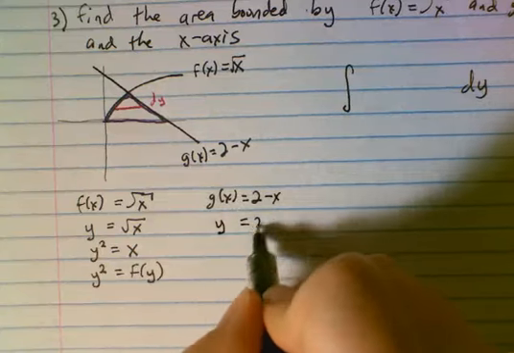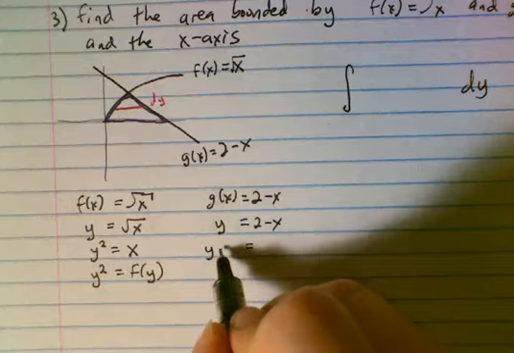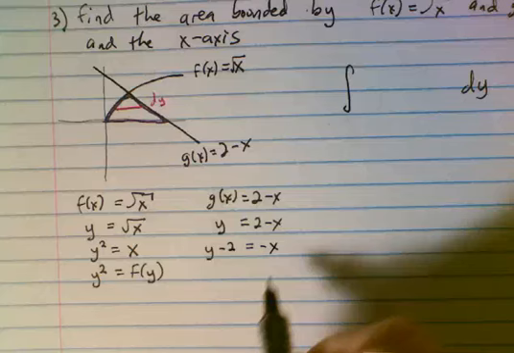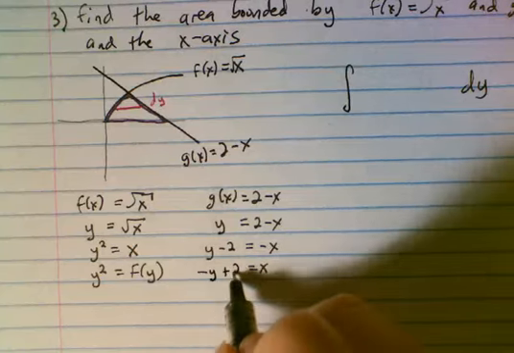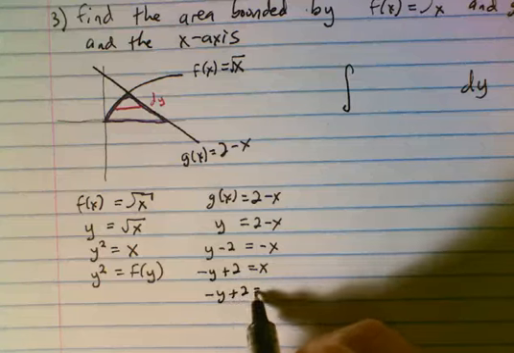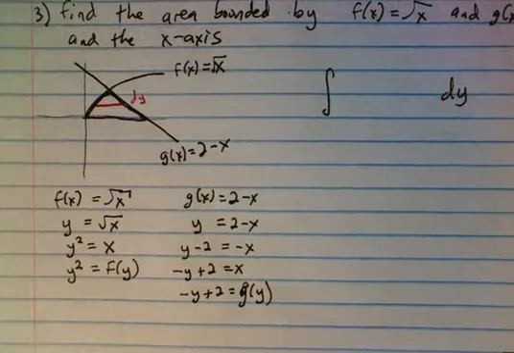Turn that into y. Get x by itself. This divides by negative 1, so it's negative y plus 2. Right there.